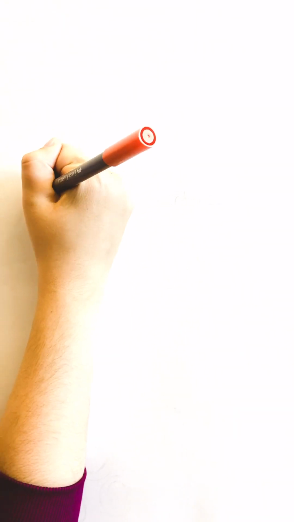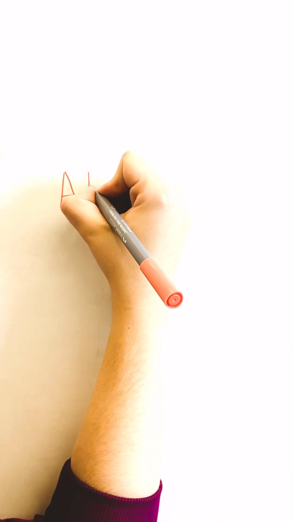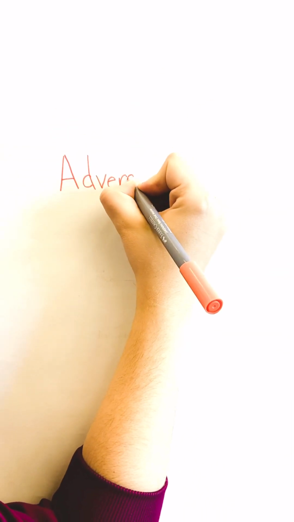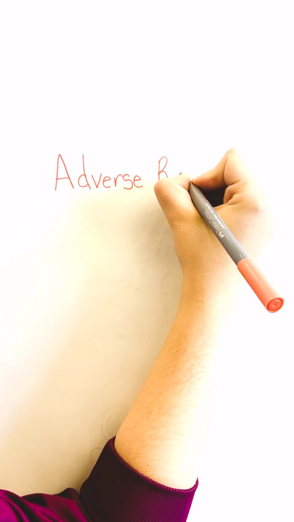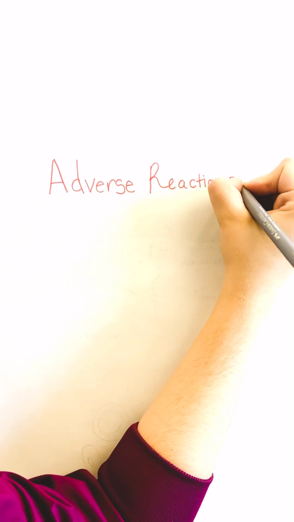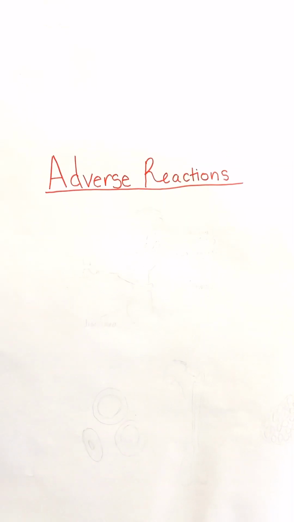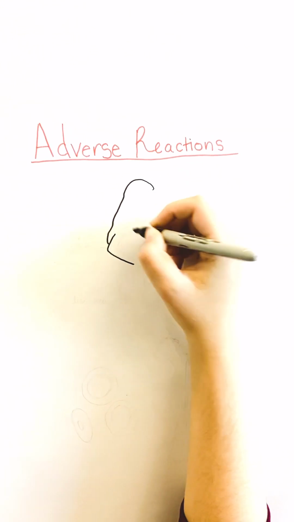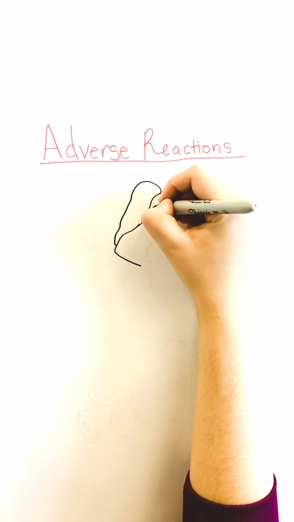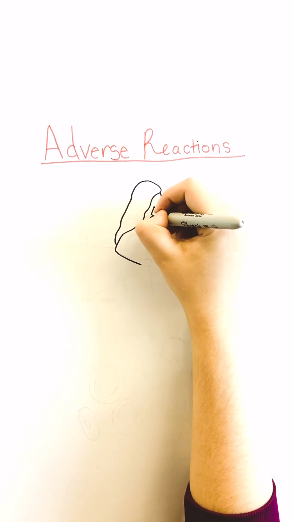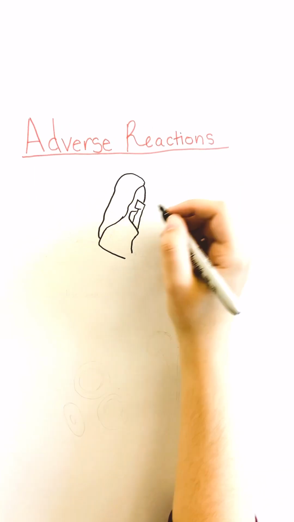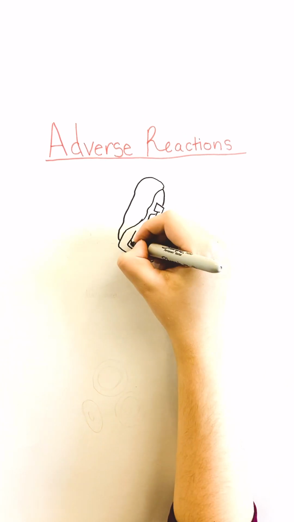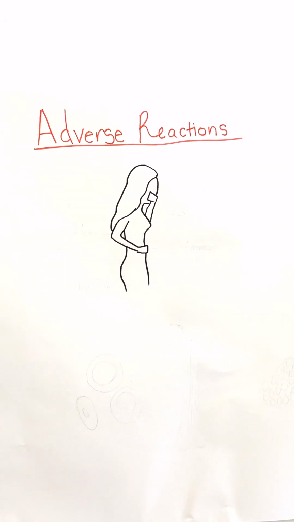Moving on to adverse effects. So some of the more common adverse reactions are going to be things that involve the GI tract. So things that we've talked about a lot, like nausea, right? It's a very common side effect with most antibiotics.